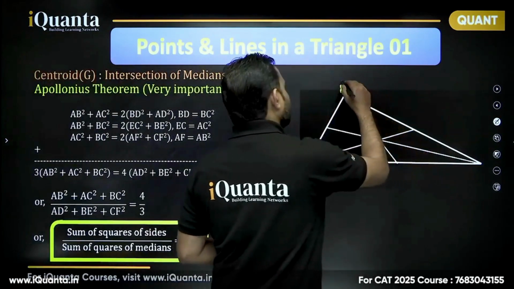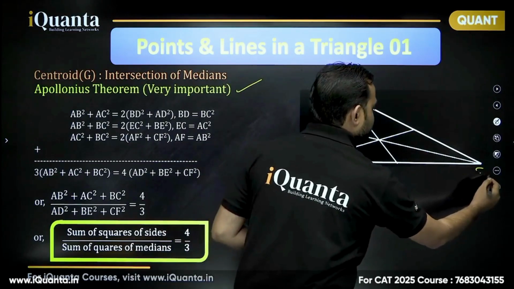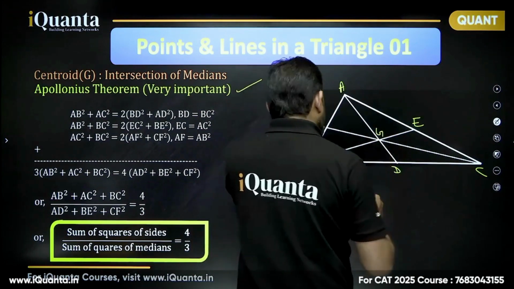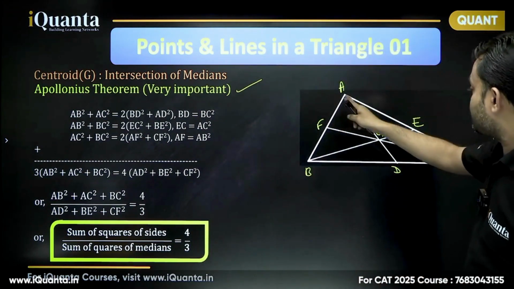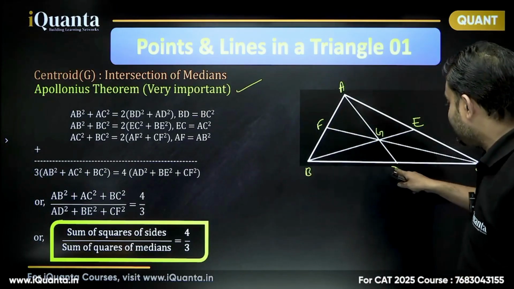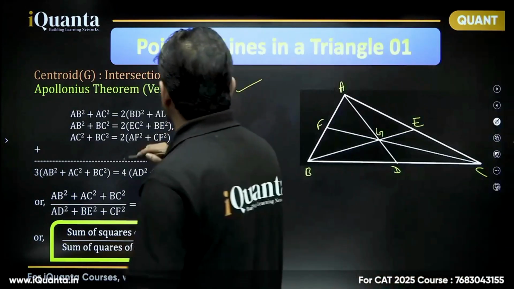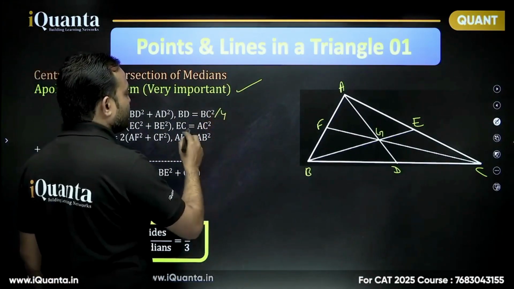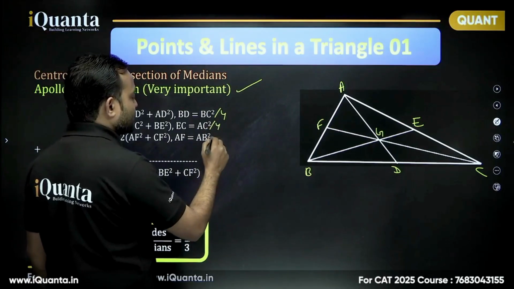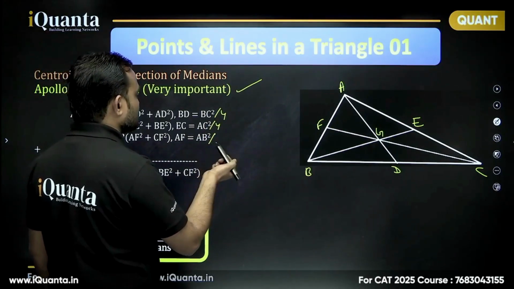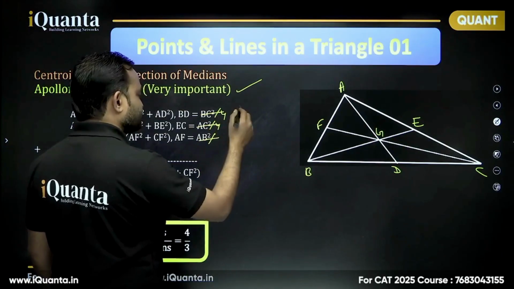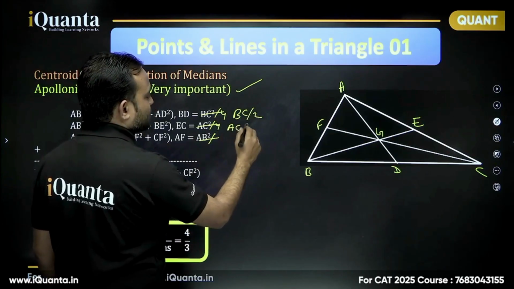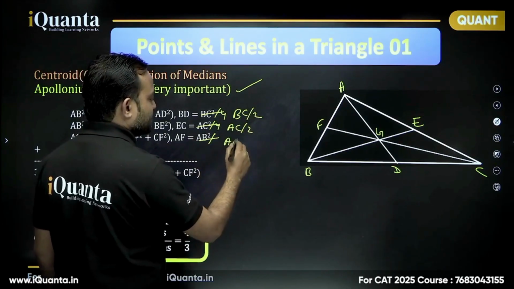Now again, we have the same construction, ABC, DEF, and this is G. Now you can refer to these points, that AB square plus AC square is equal to twice of BD square plus DC square, where BD is BC by 2, EC should be AC upon 2, and AF should be AB upon 2.